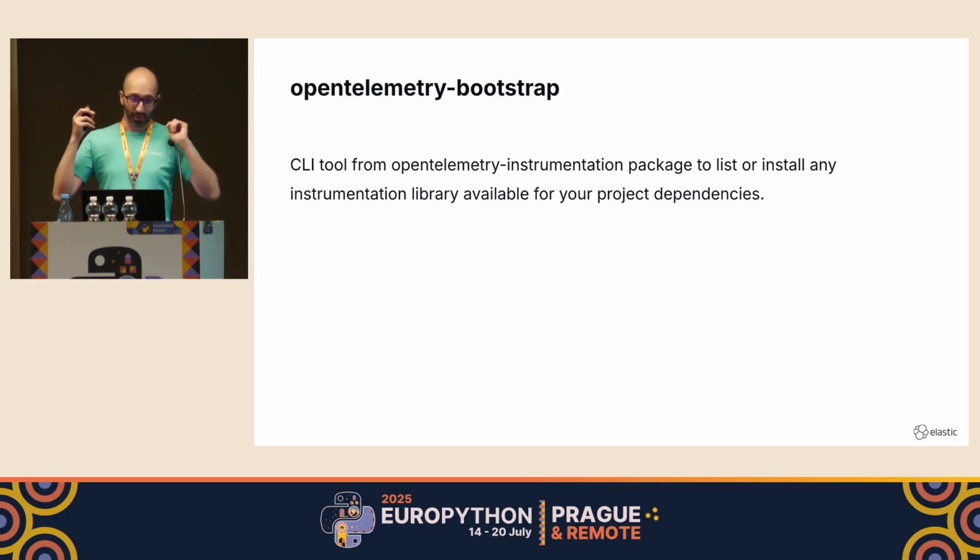The first thing it requires to work is an updated list of the available instrumentation libraries we have in OpenTelemetry and what library they can instrument. This list with these matching values is built at each pull request, so every time a new instrumentation library is added to OpenTelemetry Python, this list is updated. And so it is automated.